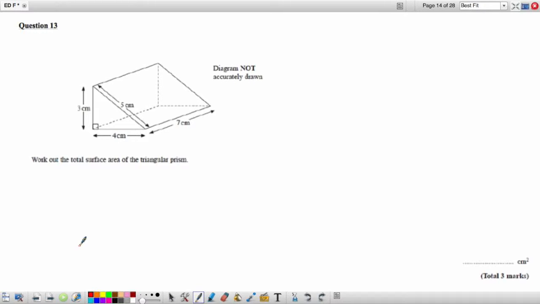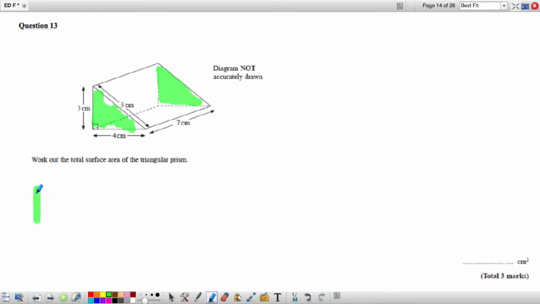Question 13. Work out the total surface area of the triangular prism. So here we need to find the area of each one of the faces. So first let's take a look at the triangular face here at the front. And we can see that there is another one identical at the back.